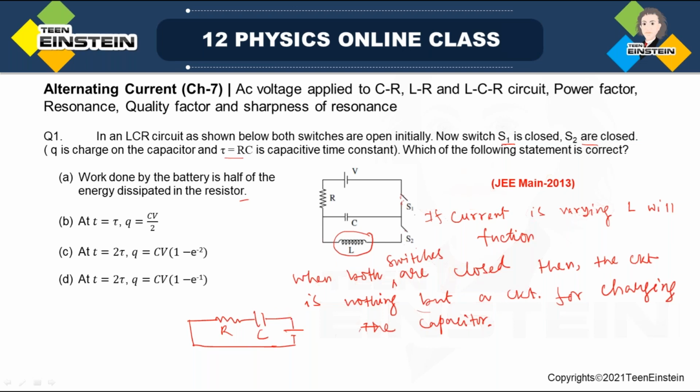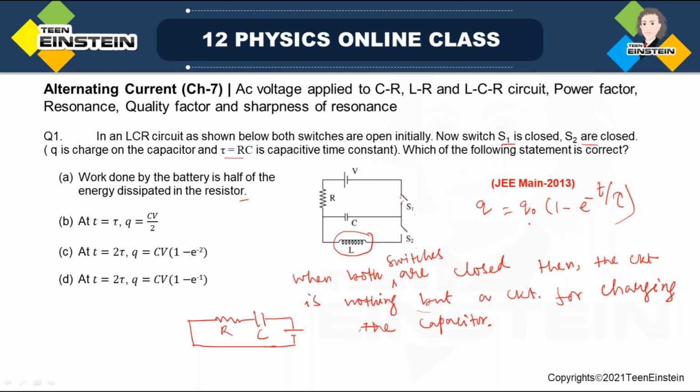This is a charging circuit for the capacitor. If it is a charging circuit, how does charge get stored in the capacitor? So the charging equation we have to write. The charging equation for capacitor is given by Q is equal to Q0 e to the power minus t by tau.